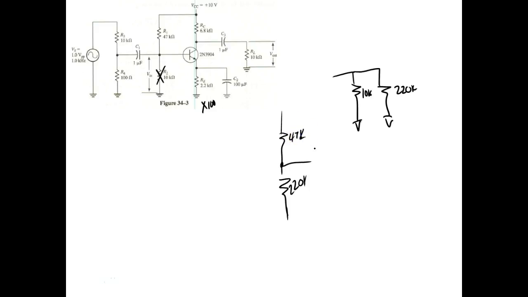So let's see what happens. I'm going to come over here and put the load back in. Try to put the load back in. Make sure nothing's touching. And I'm going to open R2.